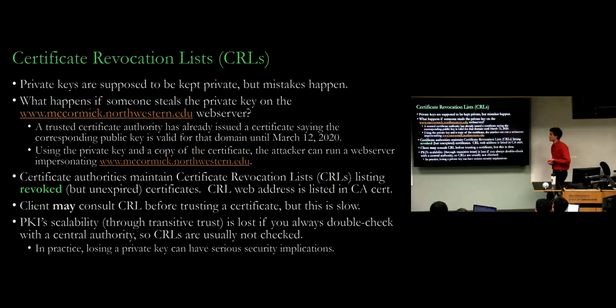And obviously, not every web server is secure, and not every employee that leaves an organization gives up all the credentials that they should. So for all these reasons, you have to have a way to deal with losing control of your private key.